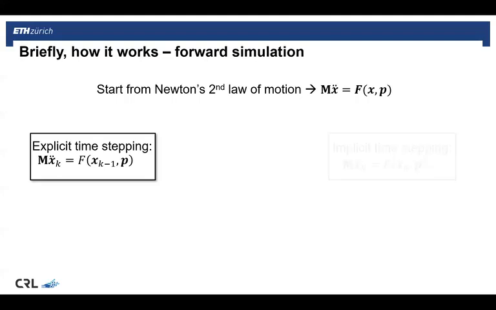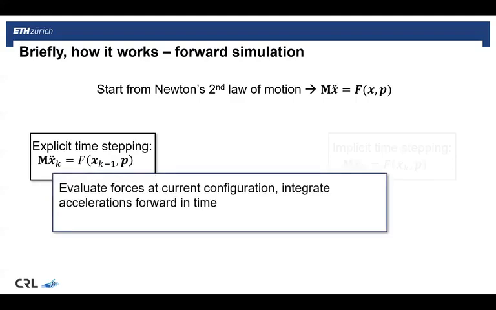For explicit time-stepping schemes, what we have to do is begin by evaluating forces at the current configuration of the mechanical system. This allows us to compute the accelerations, which we then integrate forward in time in order to get the configuration of the system at the next time step.